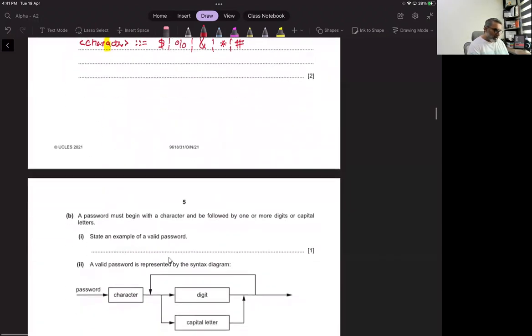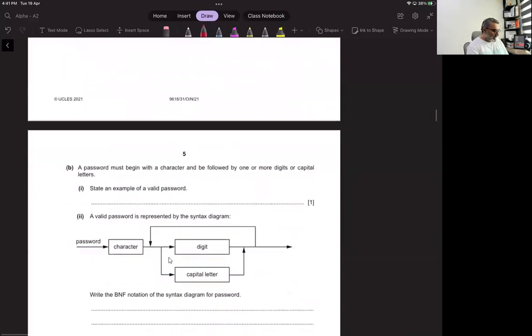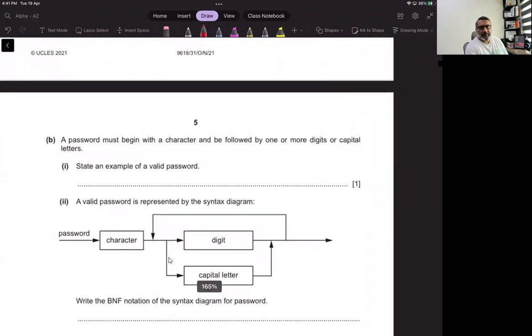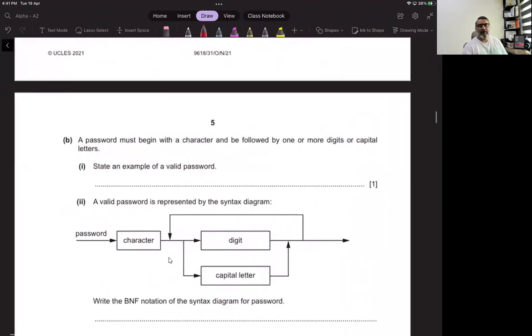Okay, now part B. A password must begin with a character and be followed by one or more digits or capital letters. State the example of a valid password. Must begin with a character. So we have got A, E, I, O, U. So let's take U. Followed by one or more digits. So 1, 2, 3, 4. Or capital letters.